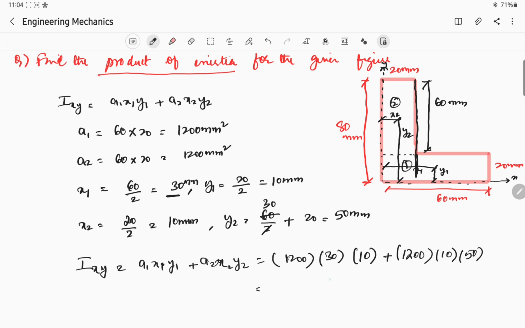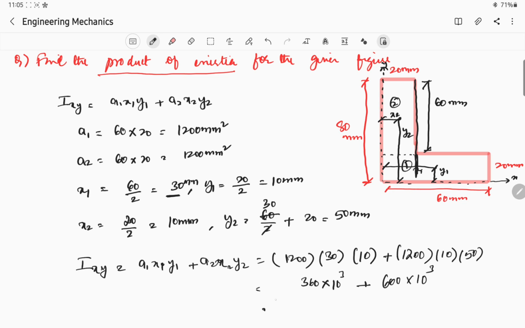Once you solve this one, you will get the value as 360 into 10 power 3 plus 600 into 10 power 3. So what happens here?